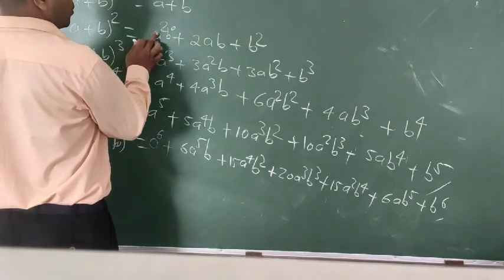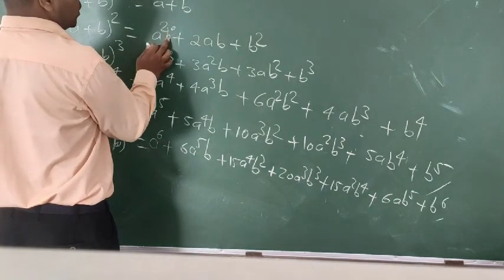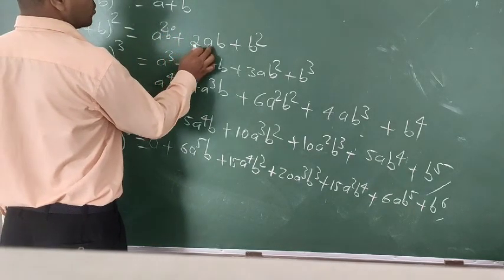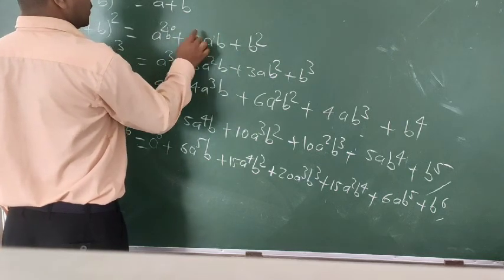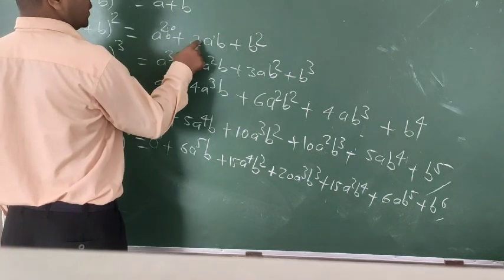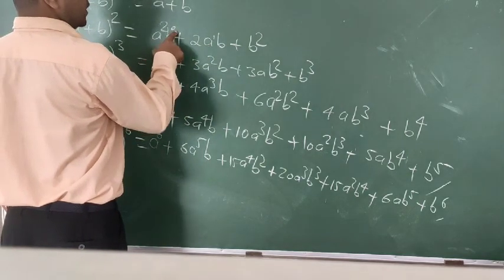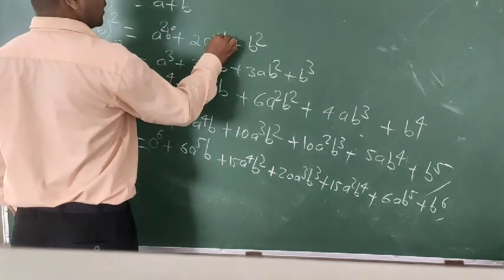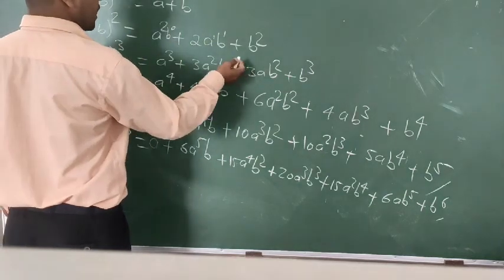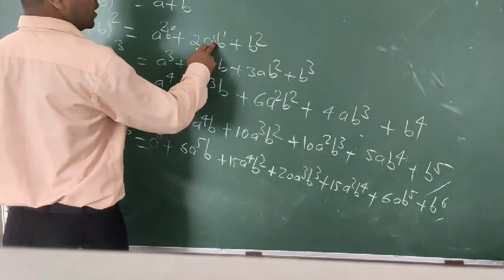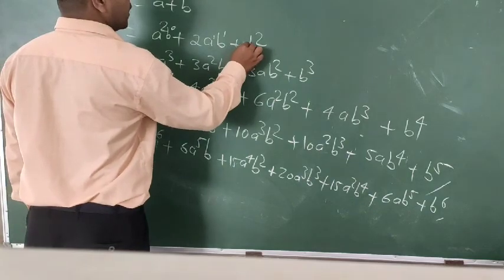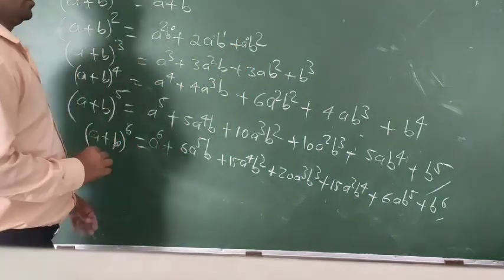So a^2 is here, b^0. Again a^1, just decreasing the power of a, and b^1, just increasing. Then in the next step, a^1 was there, decrease it, a^0, its value is 1.